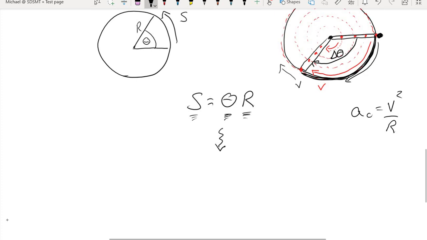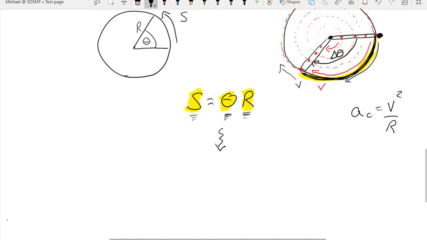Well, this is actually pretty straightforward, because on the left side of our equation we have the physical displacement along the rim of the circle, and on the right side we have our angular displacement. The one thing that is connecting the two of them is the radial value.